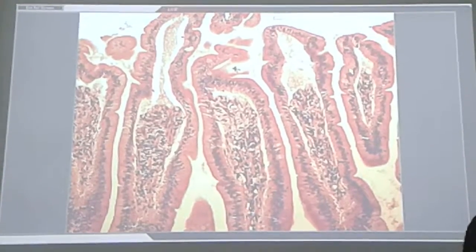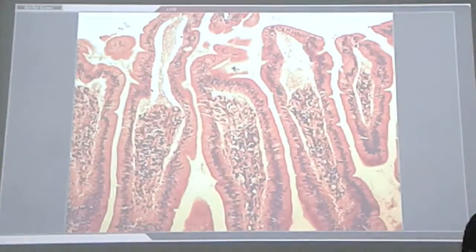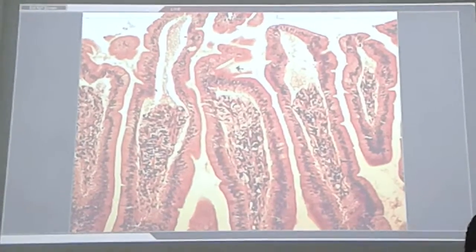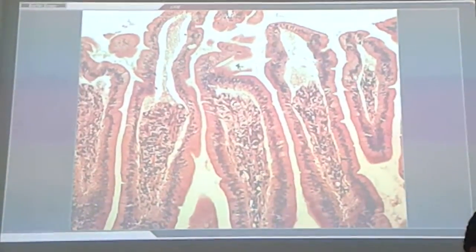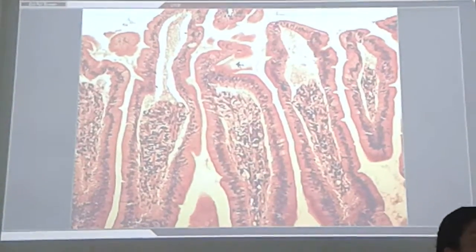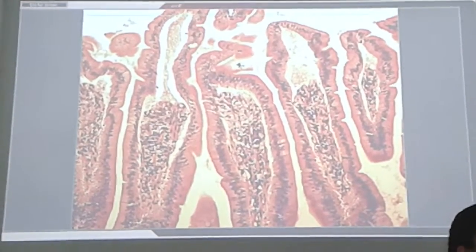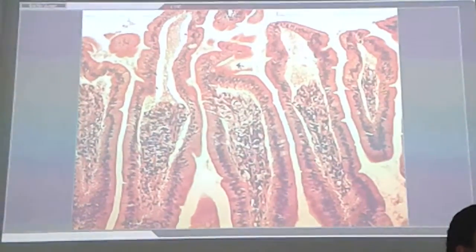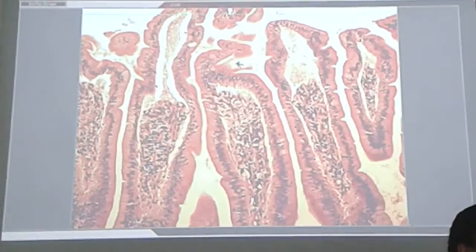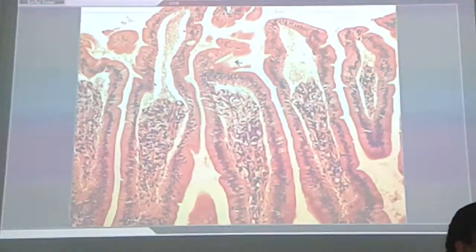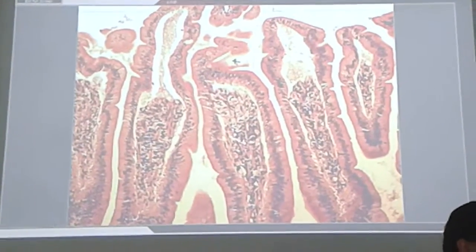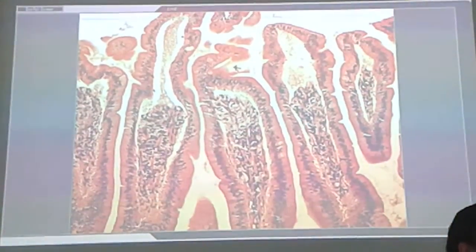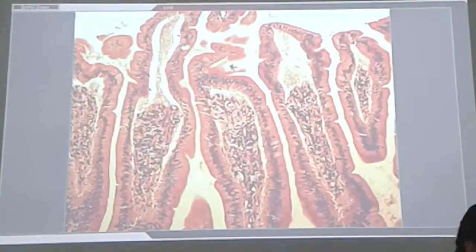Among this columnar epithelium, you may also see these cells, which are goblet cells. When you look at the core of the villi, you will see the lamina propria. The lamina propria is composed of connective tissue cells and some immune cells like lymphocytes.